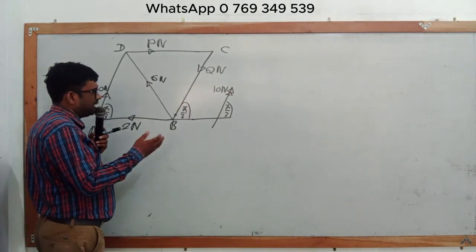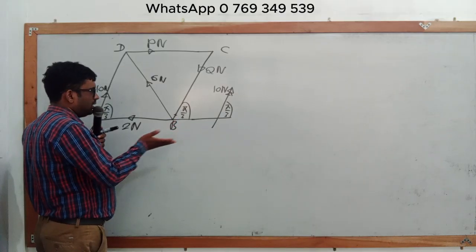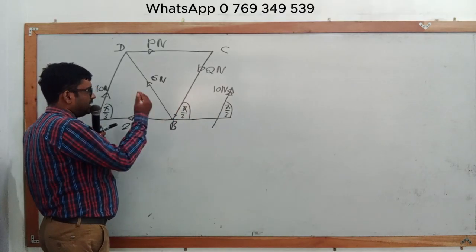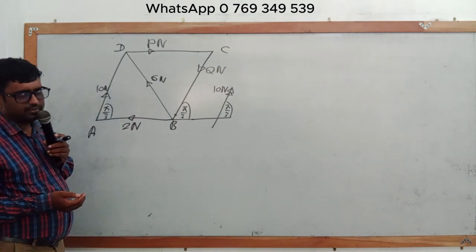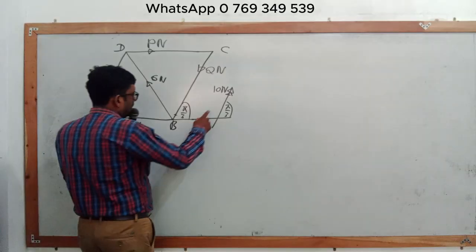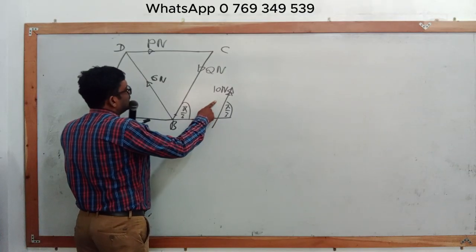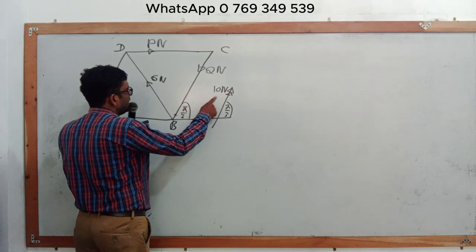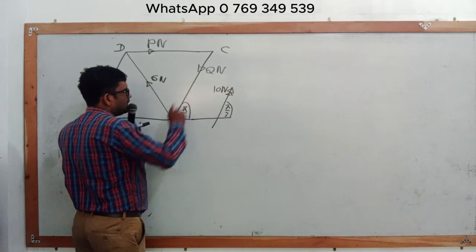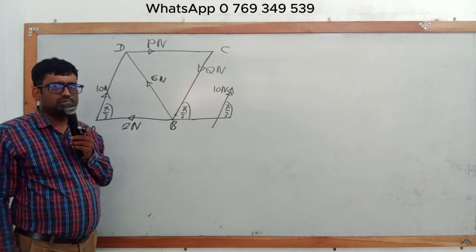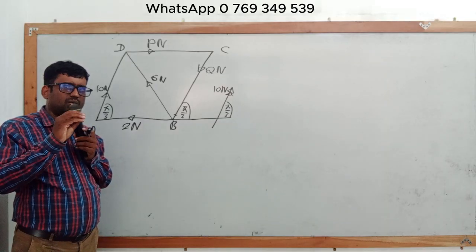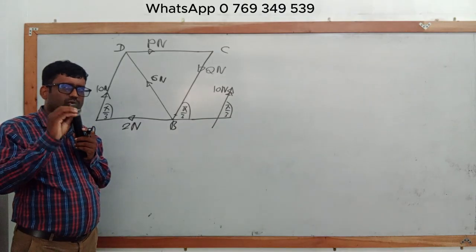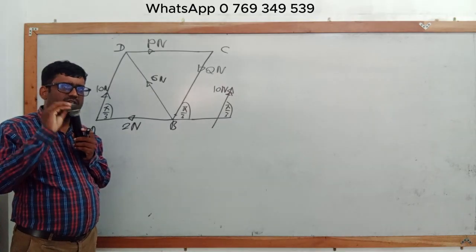We can do the resolution in X and Y like that, but I'll give you another way. Take the values perpendicular to the resultant. The resolution perpendicular to the resultant force should be 0.